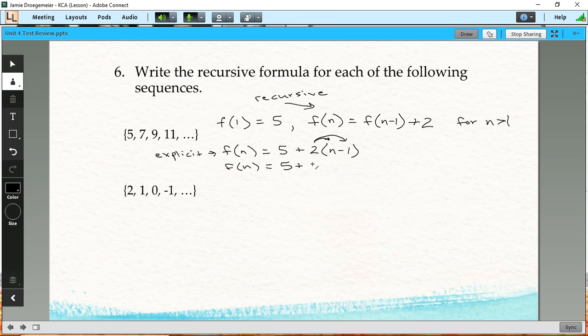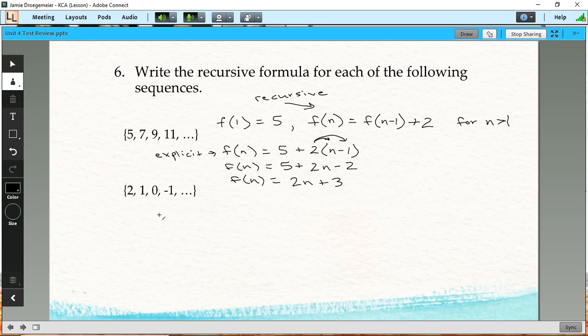So 2 times n is 2n, 2 times -1 is -2, and then we combine like terms. So the simplified form of this explicit formula would be 2n, and we have 5 minus 2, which would be a positive 3. So recursive formula here, and in our simplified form of the explicit formula is 2n plus 3.